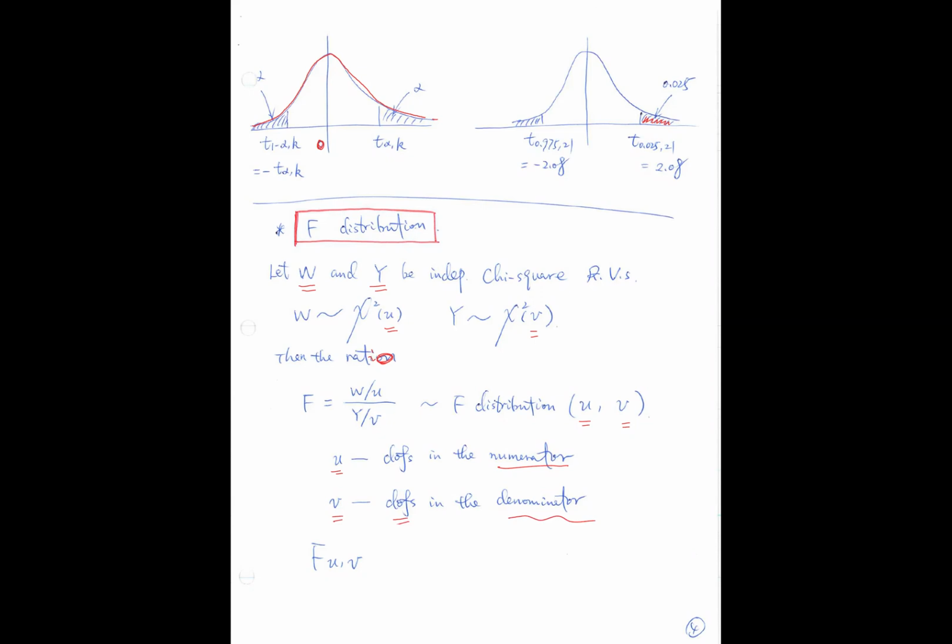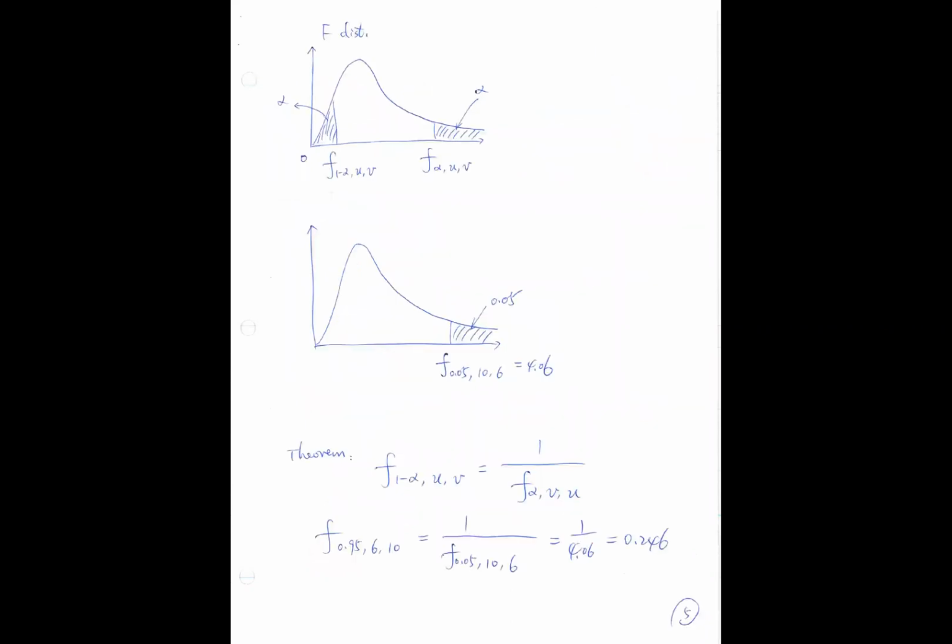You have to make sure you use Y and divide by its corresponding degree of freedom, okay? We cannot just divide by another random variable's degree of freedom, because each one has its own corresponding degree of freedom. Then we use W over U and Y over V, and this becomes the F distribution with U and V degrees of freedom.